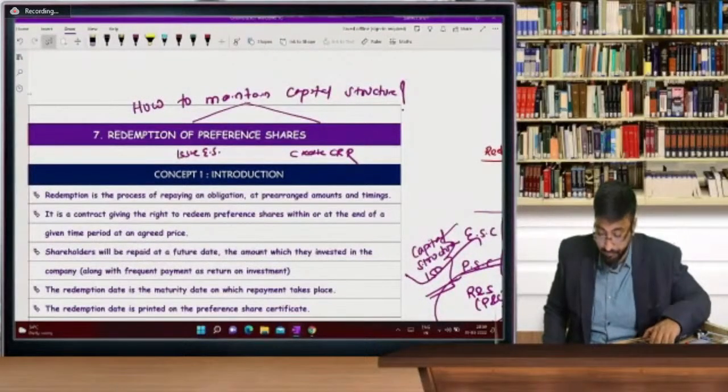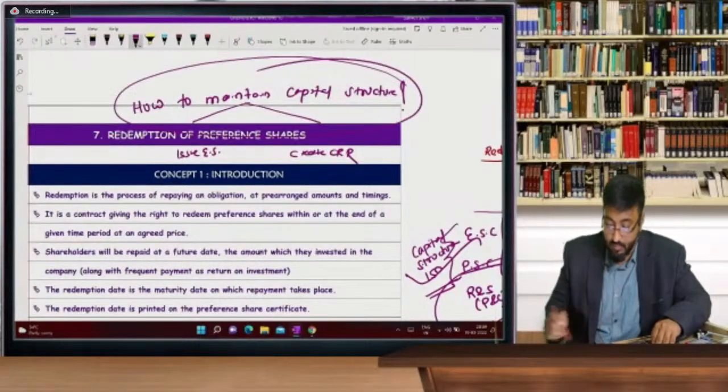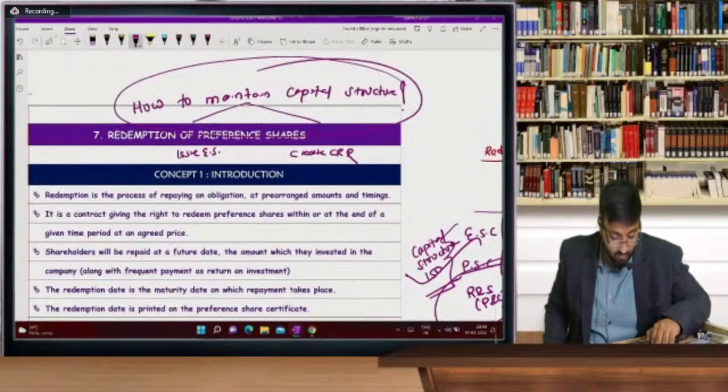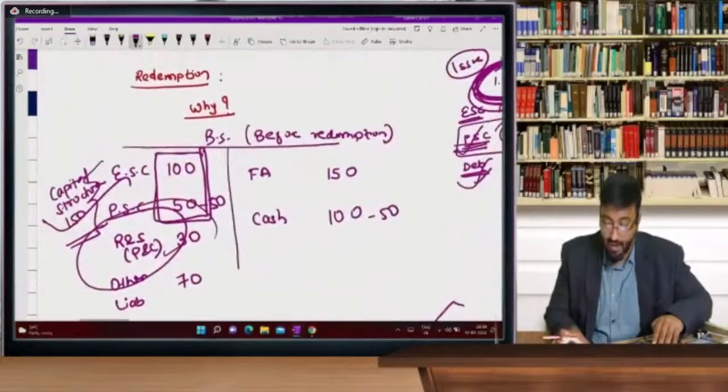Index. How to maintain capital structure is the logic behind this. Why?